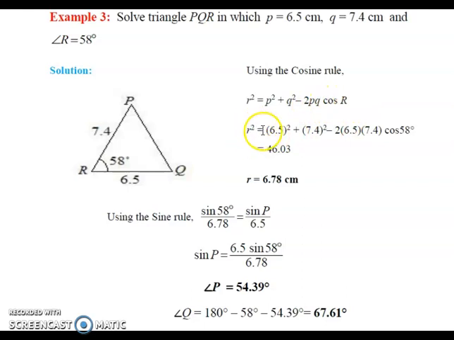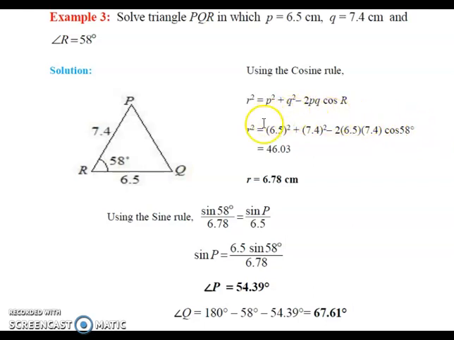From this, r square is equal to 6.5 whole square plus 7.4 whole square minus 2 multiply 6.5 multiply 7.4 multiply cosine 58 degrees.